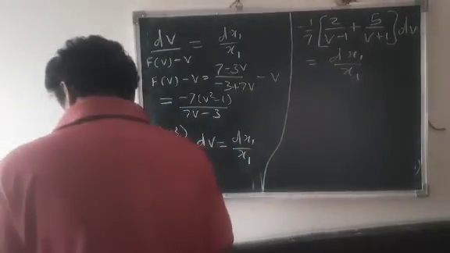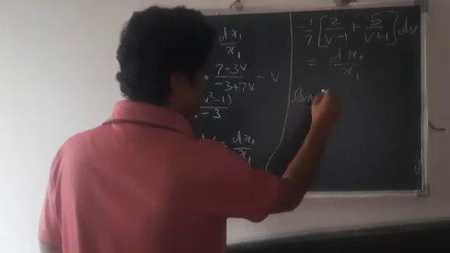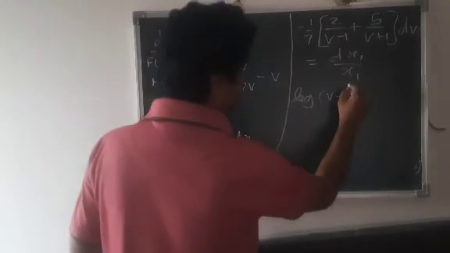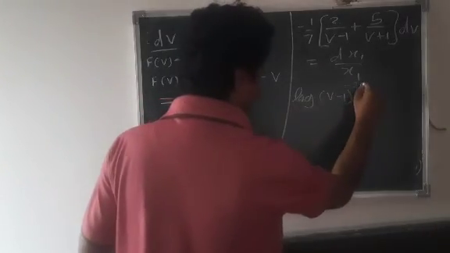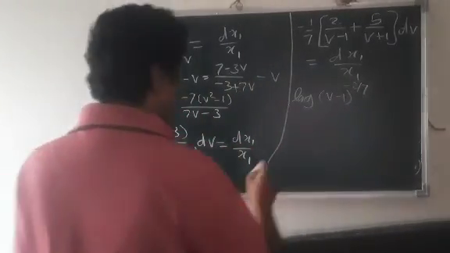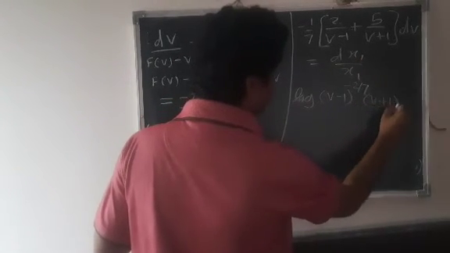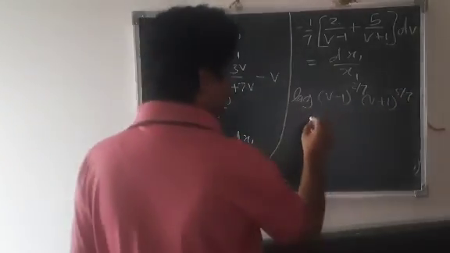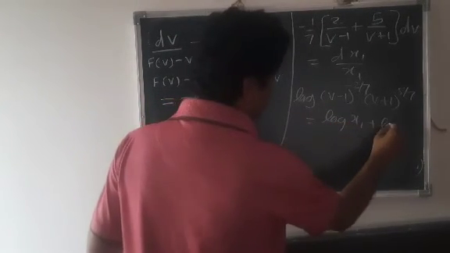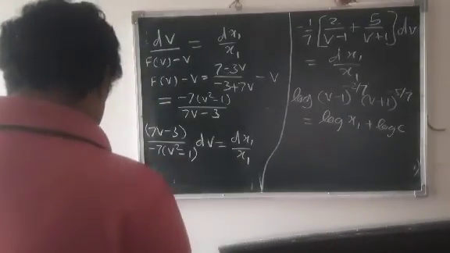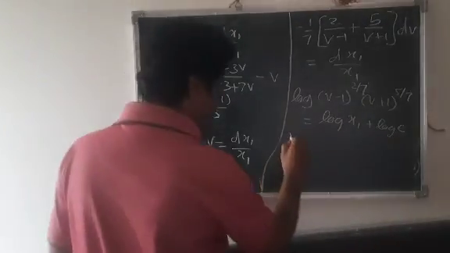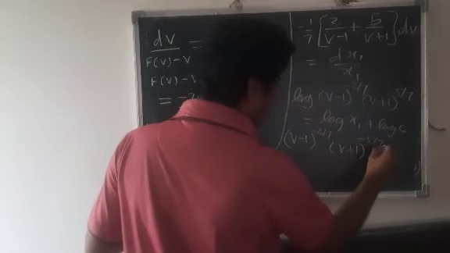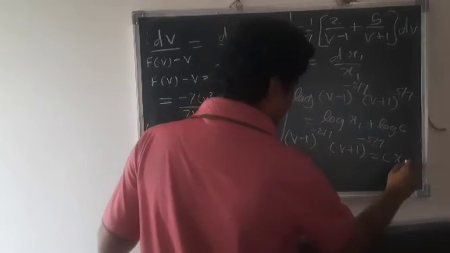So this will be log of (v minus 1) raised to minus 2 by 7 into (v plus 1) raised to minus 5 by 7, and the right hand side is log of x1 plus log of c, so that the general solution is (v minus 1) raised to minus 2 by 7 into (v plus 1) raised to minus 5 by 7 is equal to cx1.